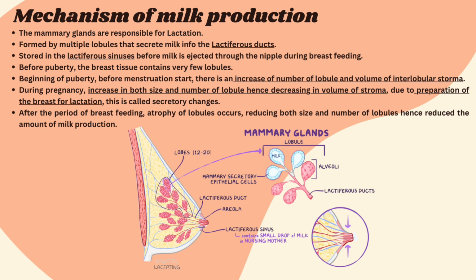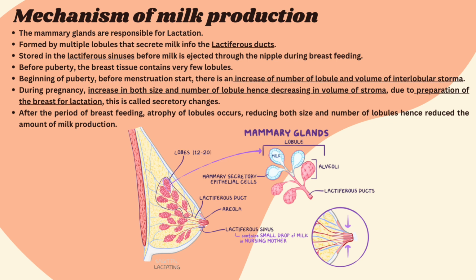Before puberty, the breast tissue contains a few lobes, while at the beginning of puberty, before menstruation starts, there is an increase in the number of lobules and volume of interlobular stroma. Hence, during pregnancy, the breast increases in both size and number of lobules, decreasing the volume of stroma, due to preparation of the breast for lactation.